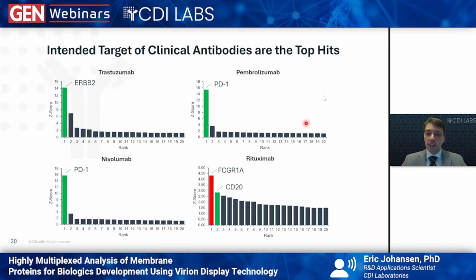When we analyze the data, however, the intended targets are among the top hits. We can see for rituximab that CD20 is in fact the second ranked hit, and that Fc gamma R1 is the top ranking hit just because that affinity complex is quite strong.